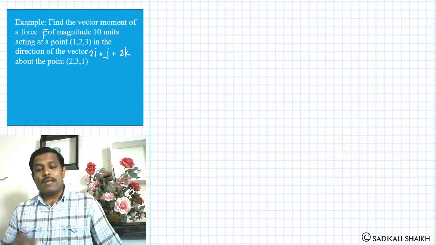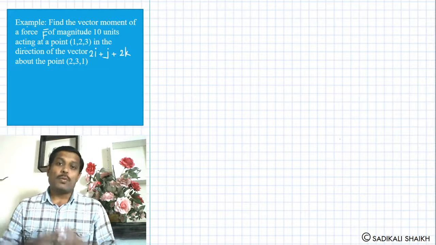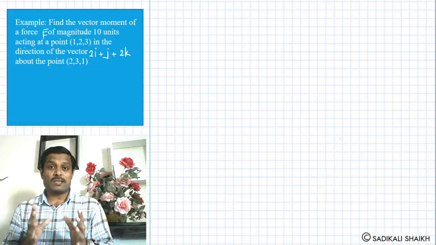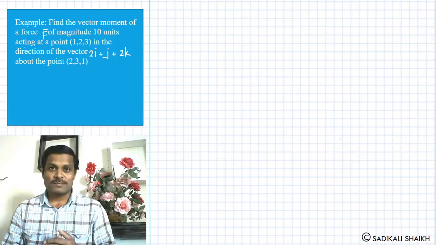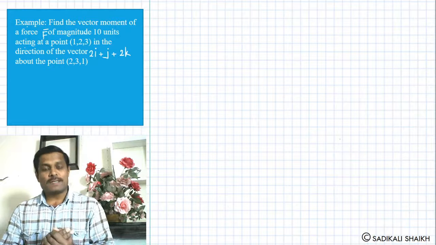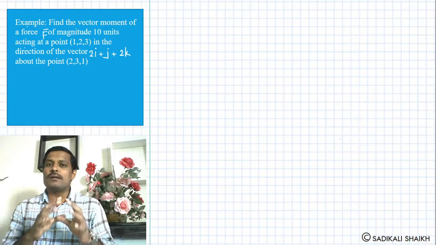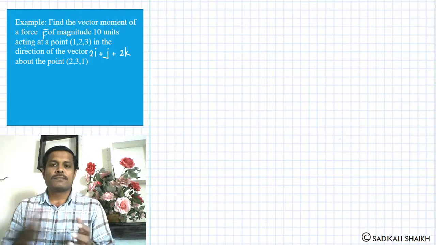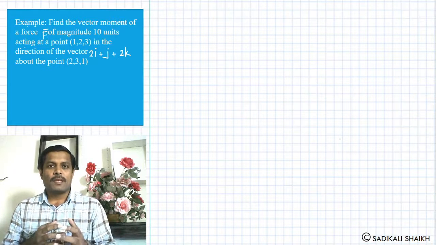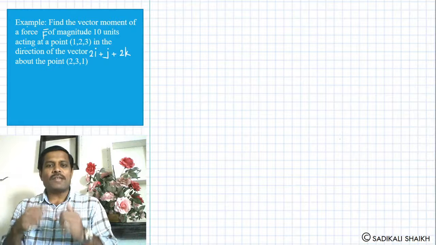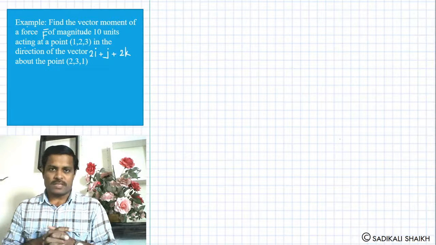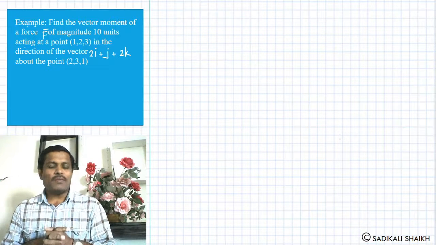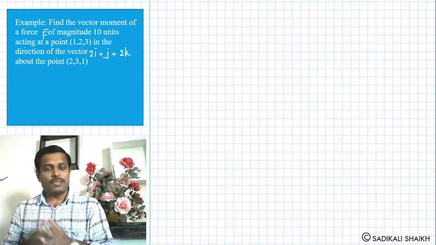So from this information we have to construct the expression of force. And how to construct that? You first take the vector in whose direction the force is given. You convert that vector into a unit vector first. Why are we converting the vector into a unit vector?